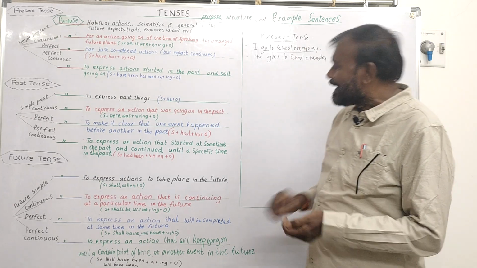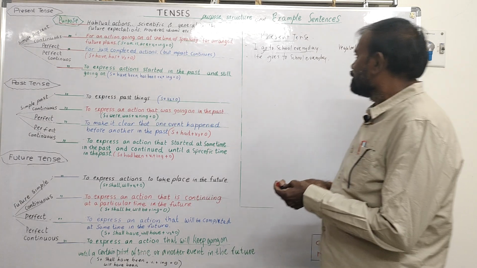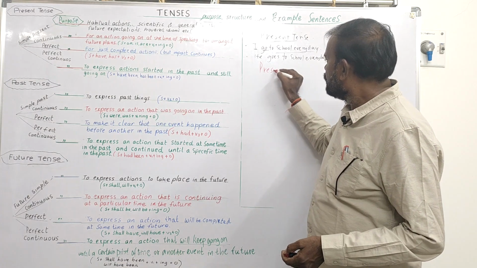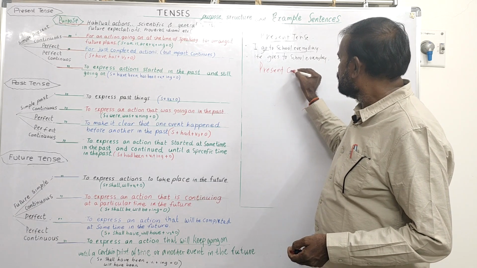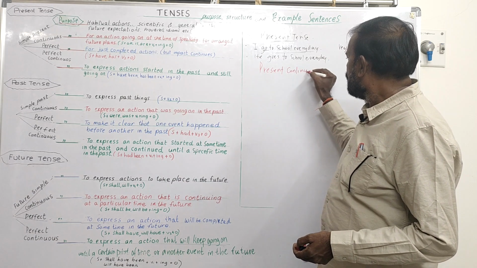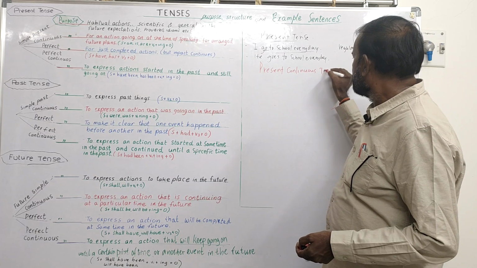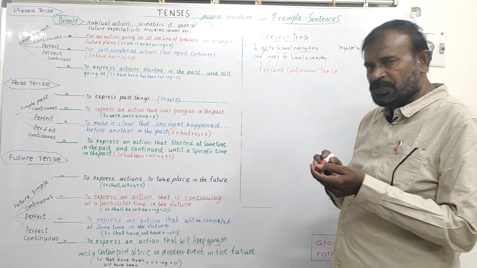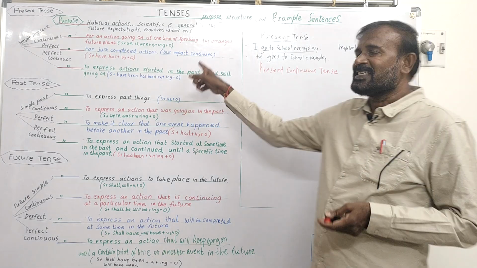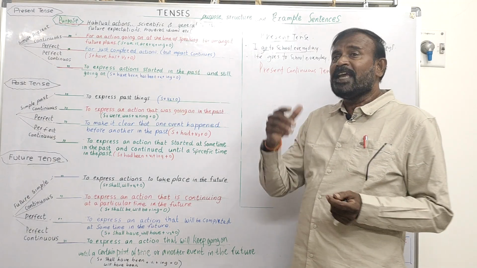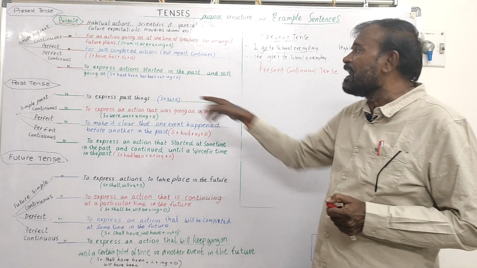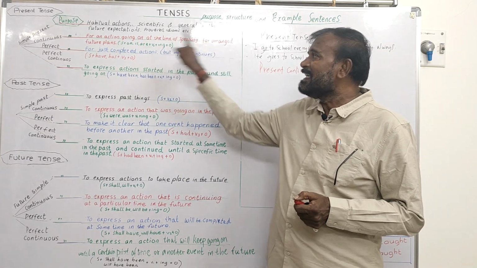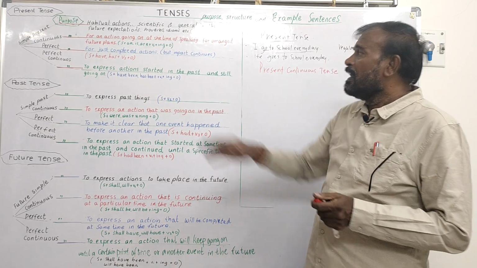Next one is present continuous tense. This tense is used for the actions that take place at the time of speaking, for arranged future plans also.